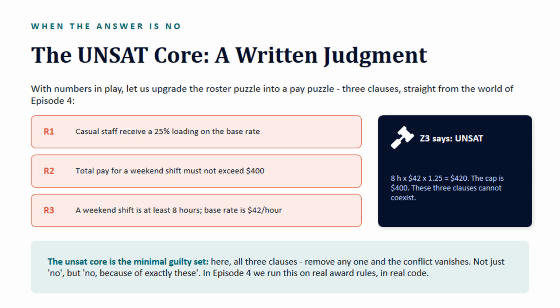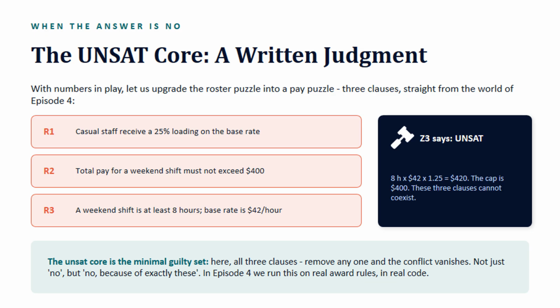Rule 3, a weekend shift runs at least 8 hours, and the base rate is $42 an hour. Each clause sounds perfectly reasonable on its own. Ask C3 whether they can coexist, and the arithmetic expert does the sums. 8 hours, at $42, with the loading, comes to $420. The cap says 400. Unsat.